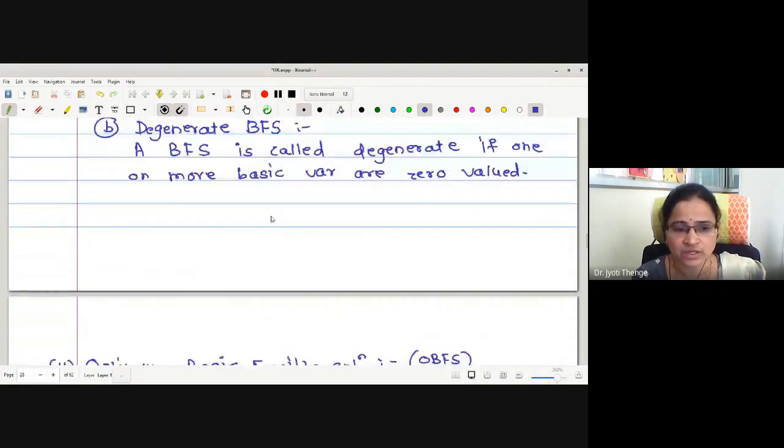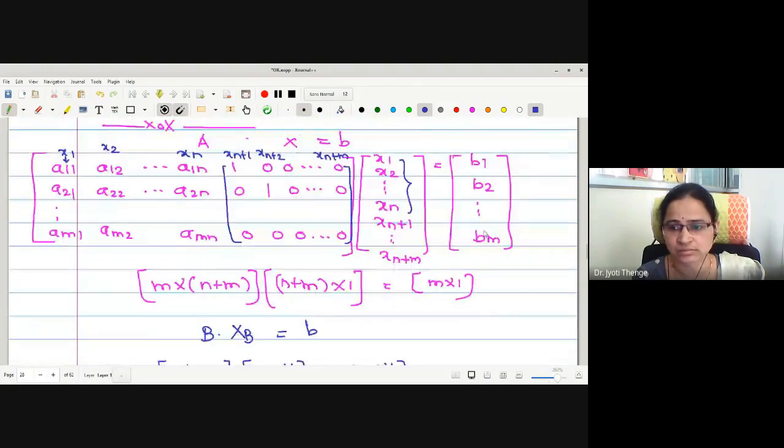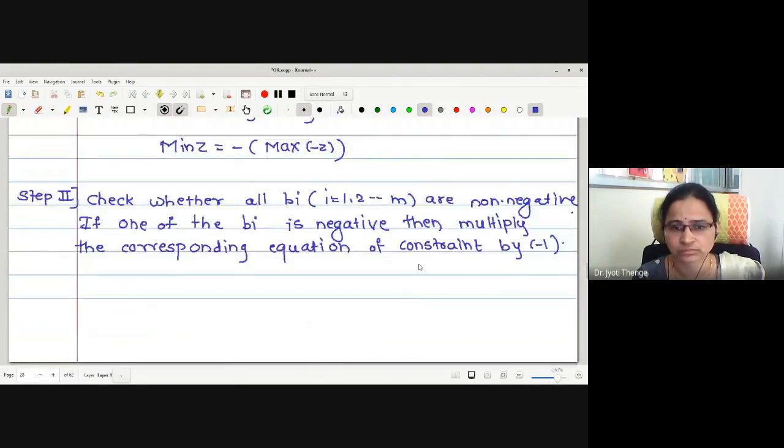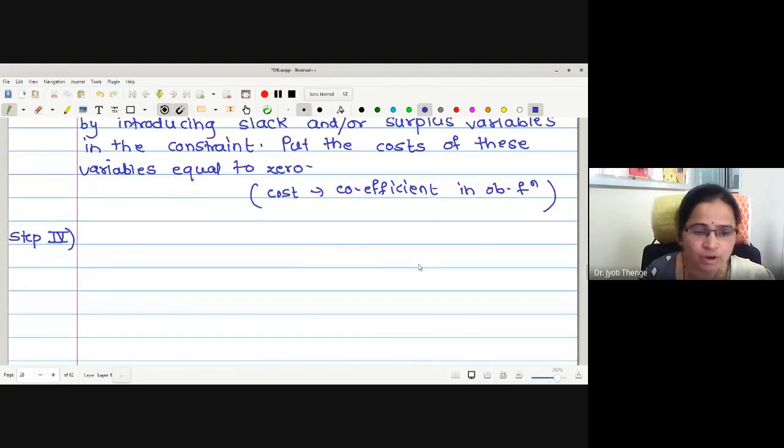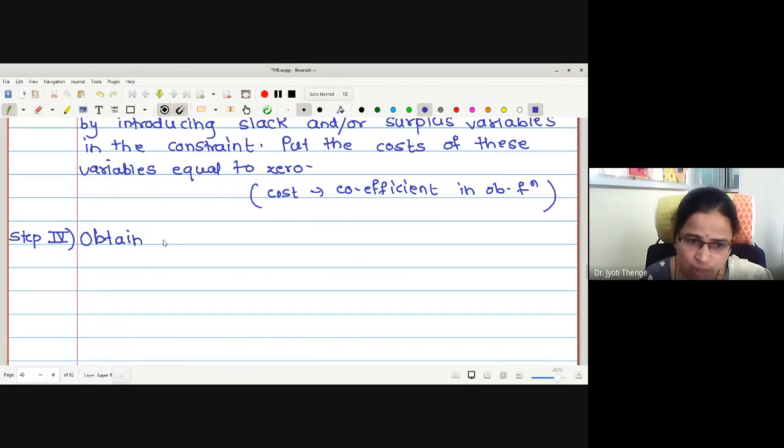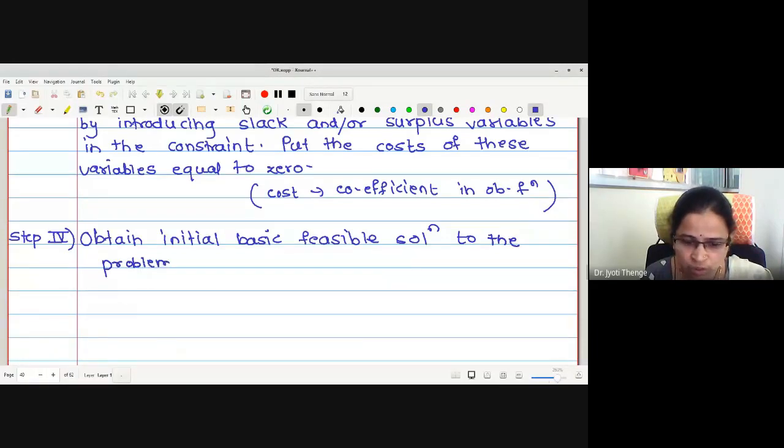Therefore, the fourth step we were considering. What is my step number 4? Obtain initial basic feasible solution. And how to obtain this? Obtain initial basic feasible solution to the problem in the form, what is the form?